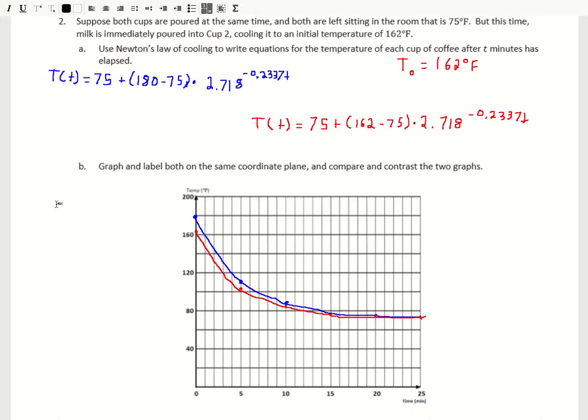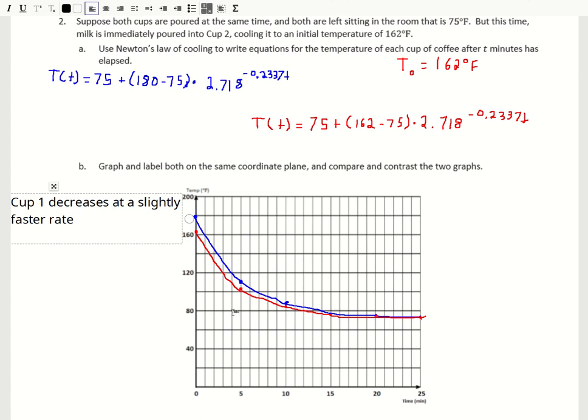Unlike before, they're both kind of decreasing at the same rate. In fact, cup 1 decreases at a slightly faster rate. Very slightly, but it technically gets down there faster because they both get there at around 25 minutes.